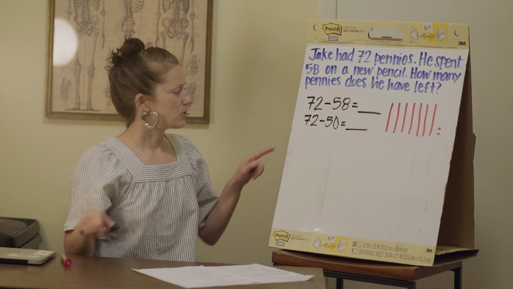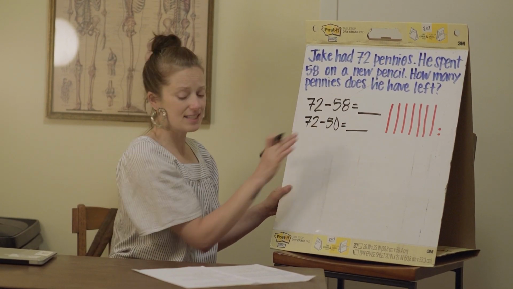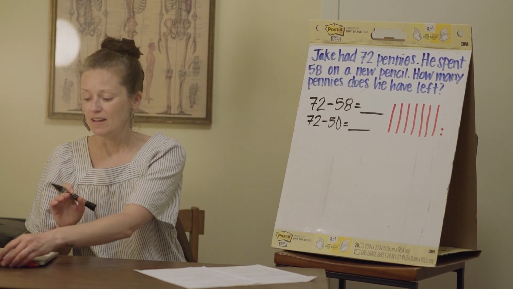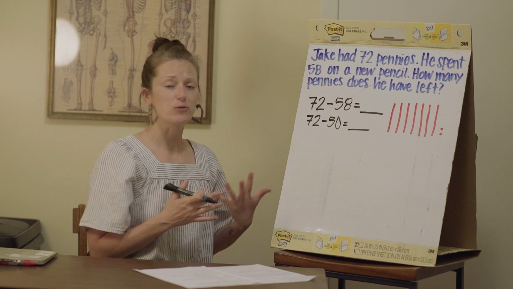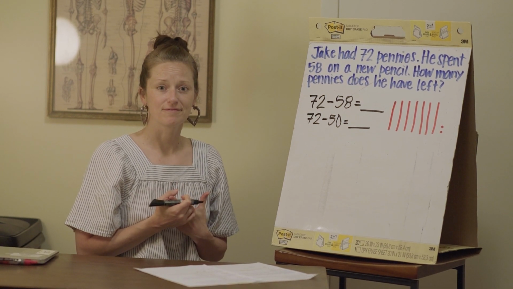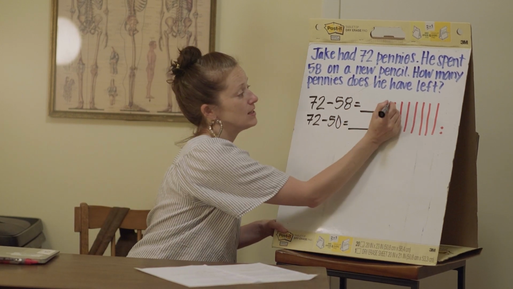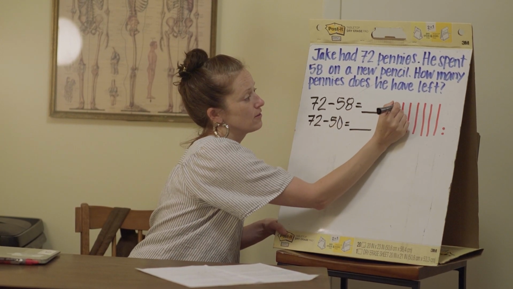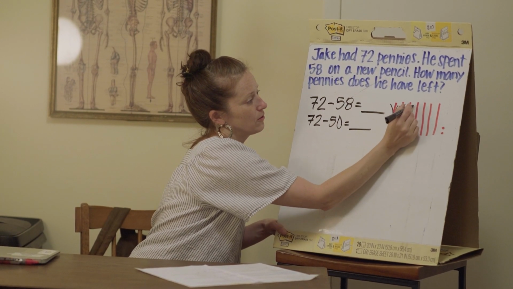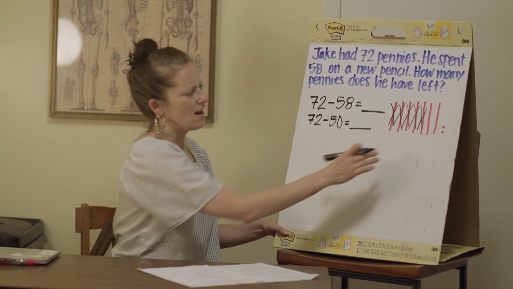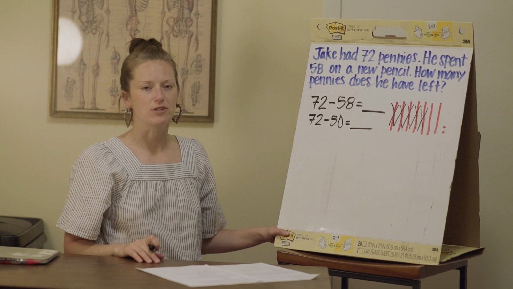All right, so if I have my 72 and I take away my 50, whoops, lost my marker. How many strips do I need to cross off? Yeah, there are 5 strips of 10 in 50, so I need to cross off 5. 1, 2, 3, 4, 5. And I now have 22 left over.